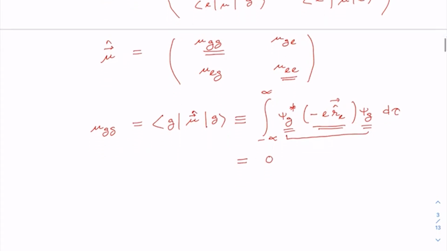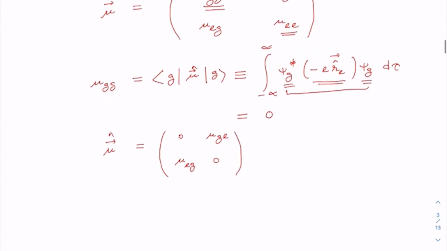That's the reason we don't have the diagonal elements, and we'll have only the off diagonal elements mu_ge and mu_eg.